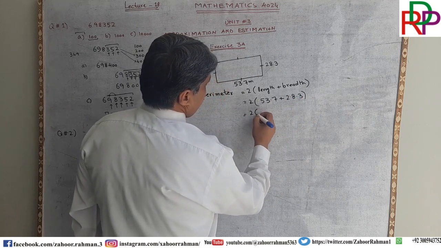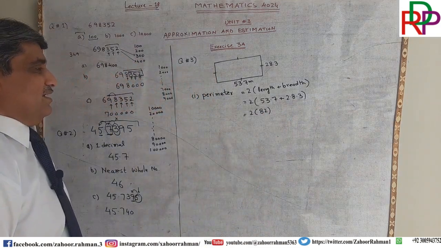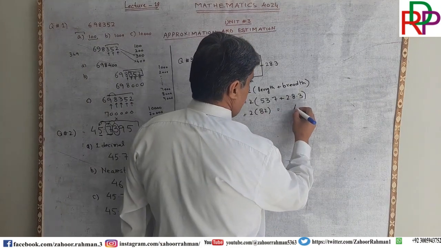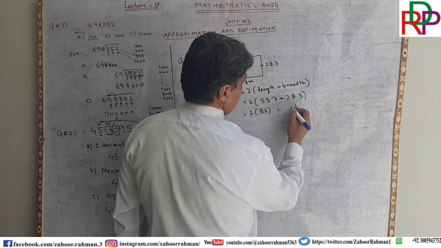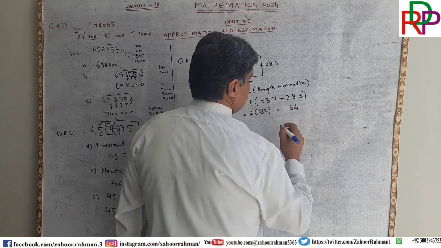So we are getting 82, and 2 twos are 4, 2 eights are 16.